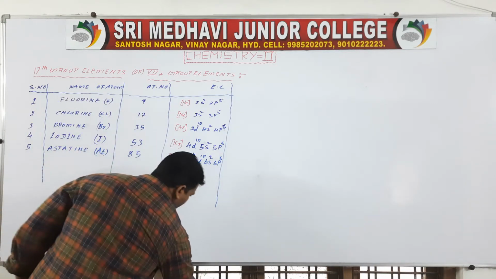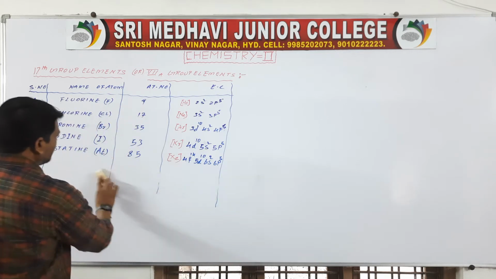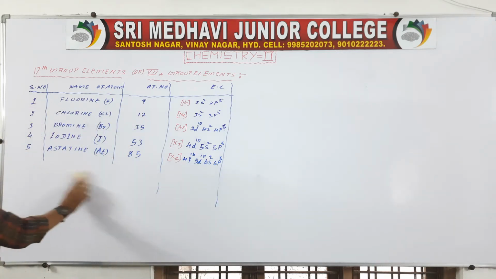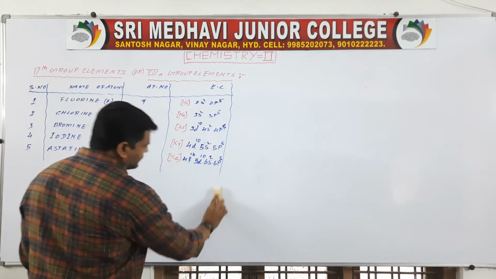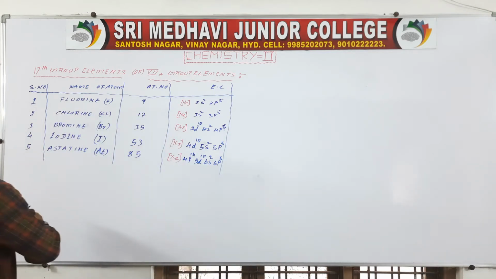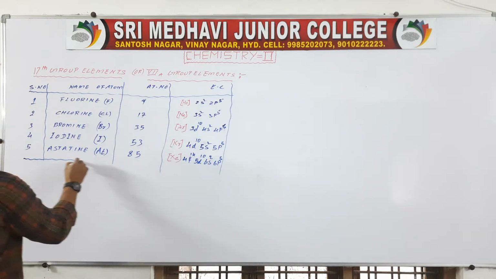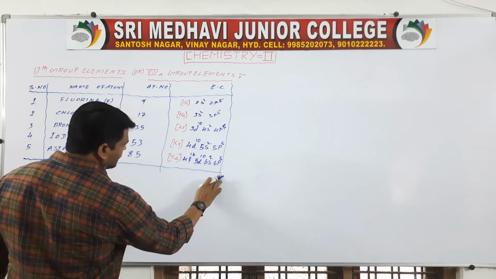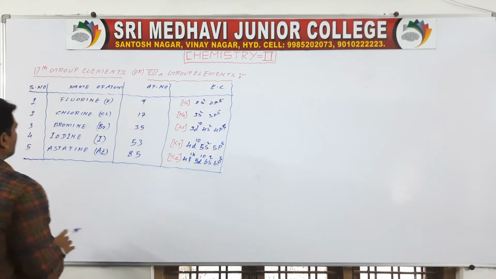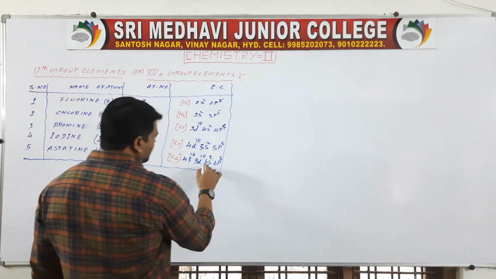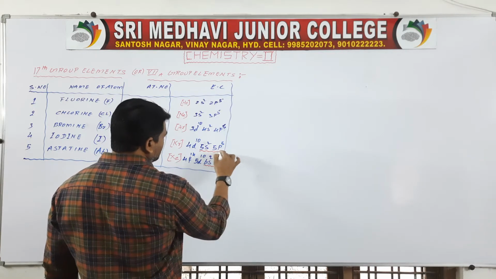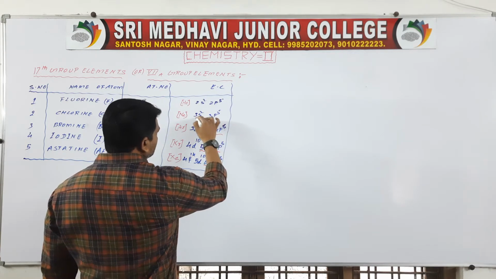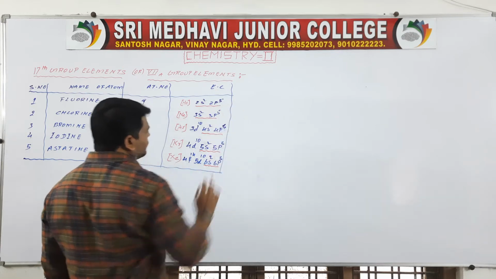So it is the valence shell electronic configuration. What is the valence shell electronic configuration? It is 6s2, 5s2, 3s2, 2s2.